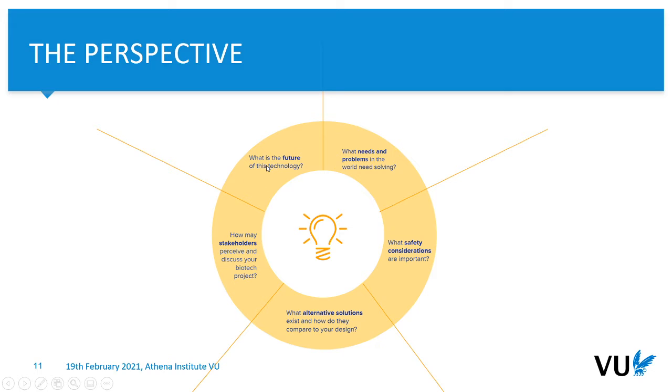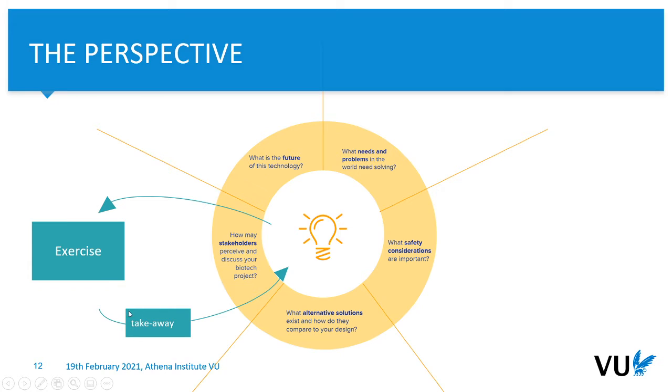For each of these dimensions of interaction, we invite the students or the participant or the user of this tool to move from your focus on your biotechnological design and think about this dimension of interaction through an exercise. Once you have thought about the many stakeholders and how they may perceive and discuss your design, any tensions that there might be, you define your takeaways.